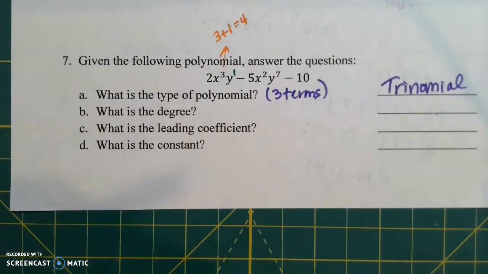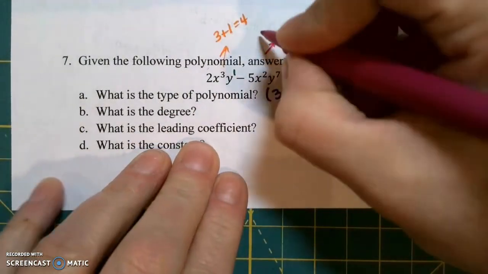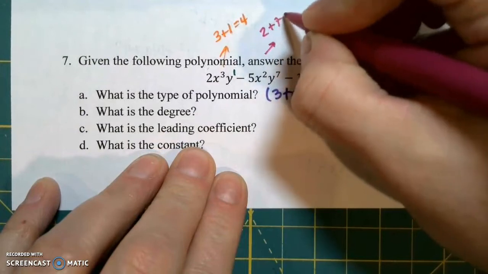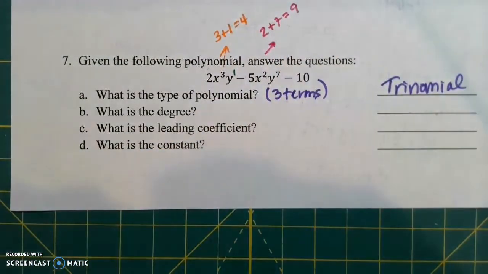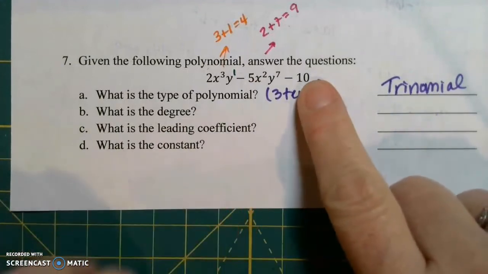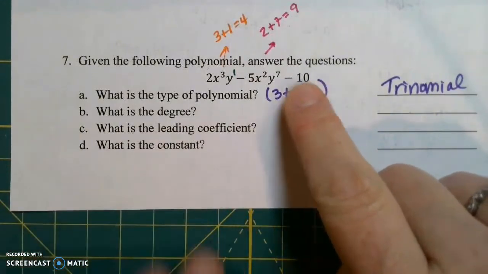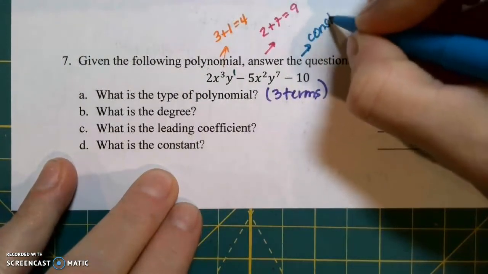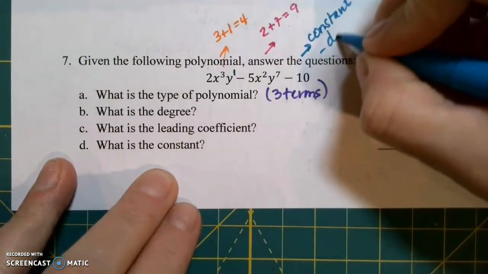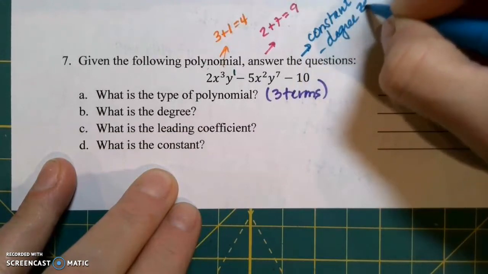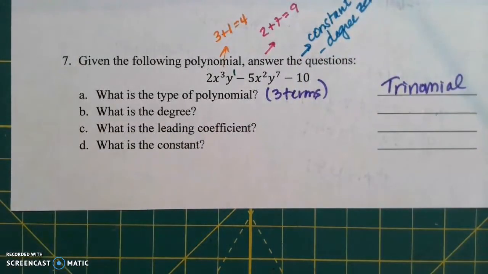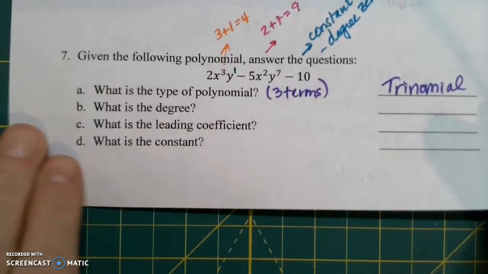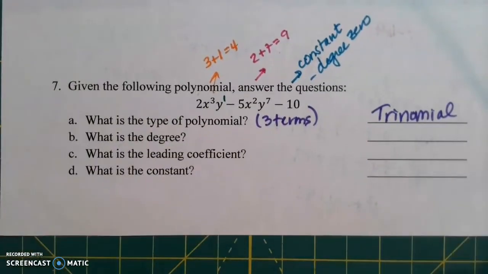For the one next to it, we're going to have 2 plus 7 or 9 for the degree on that term. And then constants, remember, are degree 0. So the highest one is going to be what determines the degree of the entire polynomial.